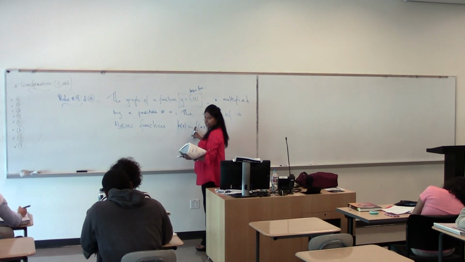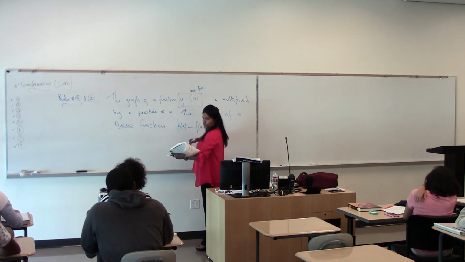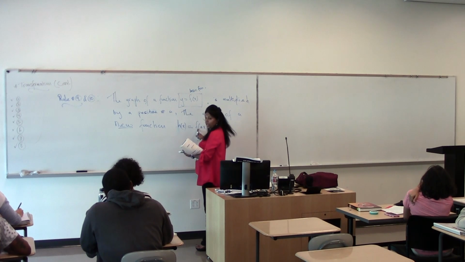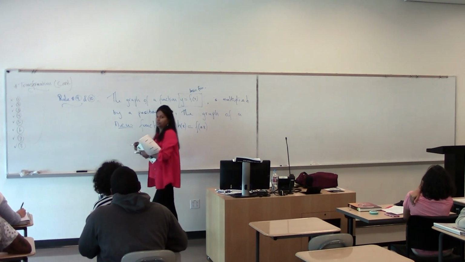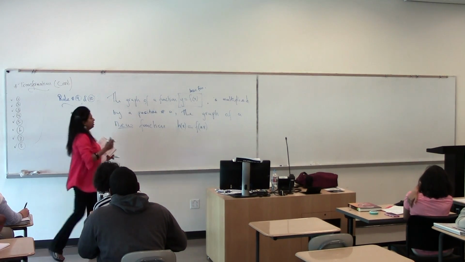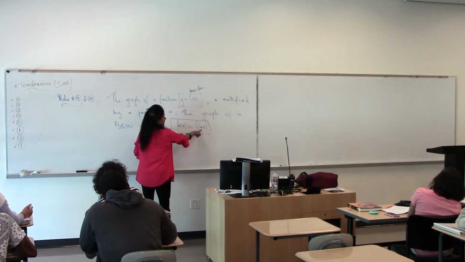Before we had the vertical stretch and compress. When a is outside and a is a fraction, we got a compress; when a is a number greater than 1, we got a stretch. But now a is inside.